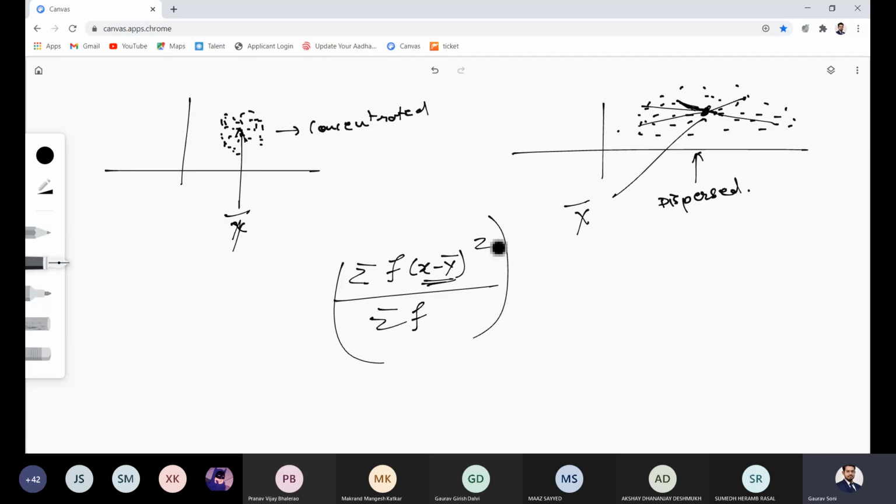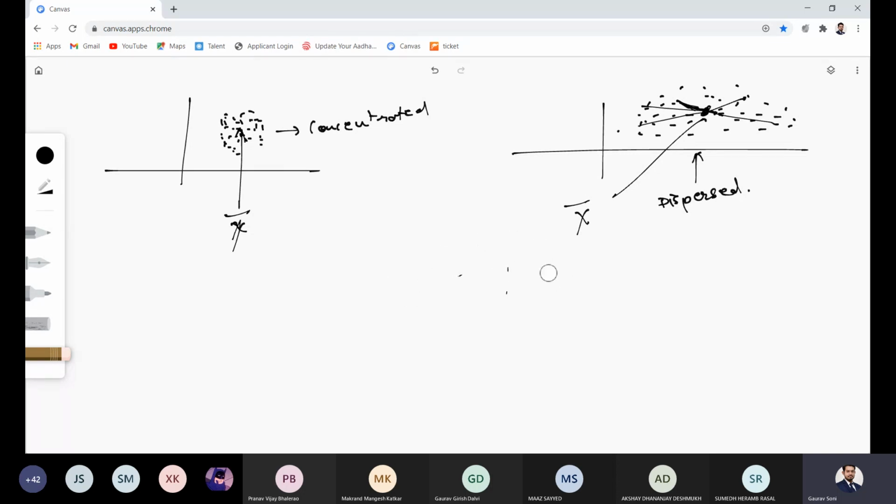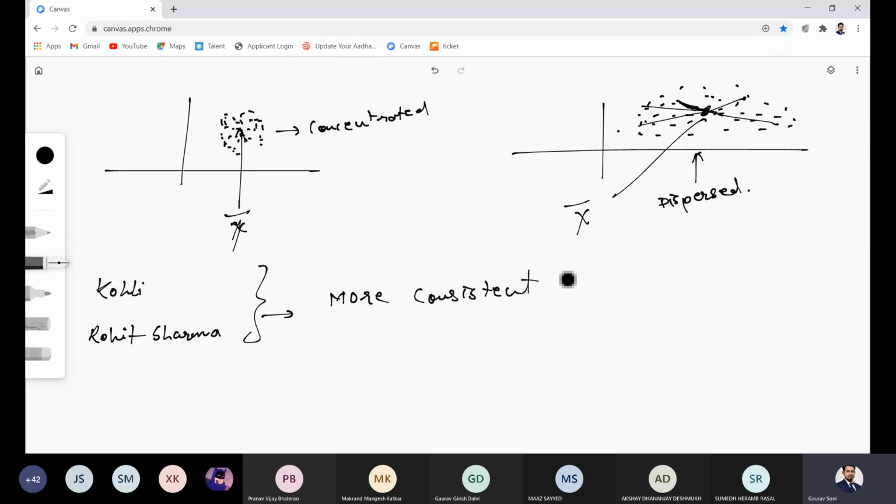Now, my question is, if I have these two cricket players, simply I'll take Kohli and Rohit Sharma, who is more consistent?